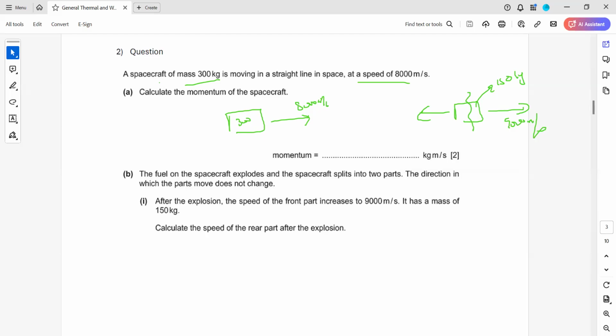First, what will be the mass of the rear part? Because the total mass was 300, if the front part has a mass of 150, the rear part will also have a mass of 150. But it moves at a speed x, which we don't know, and it will move in the opposite direction. So if we consider this a positive velocity, this will be the negative velocity. Now we'll use conservation of momentum. What is the conservation of momentum?